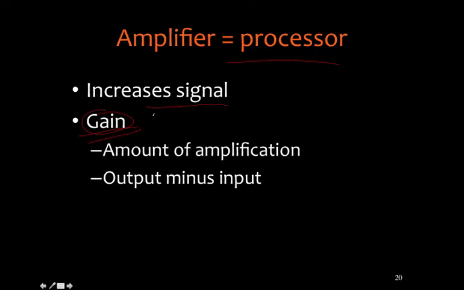So gain is an electrical engineering kind of term. And as I showed you on that other slide, output minus input equals gain. So if I measured the output of a hearing aid and it was 90, and we knew that we had a 60 dB input signal, then the resulting value is 30 dB, and we could say that we had 30 dB of gain.